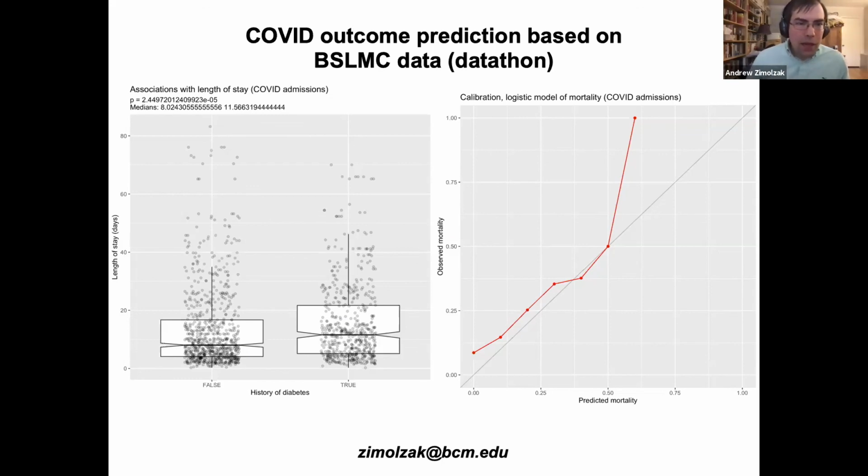You're looking at length of stay on the left-hand panel and mortality on the right-hand panel, and it's early stage work, but something that we were able to get going pretty rapidly on, I think partly because of some of the techniques of having a reproducible pipeline that can run and re-render everything in one click or nearly one click.